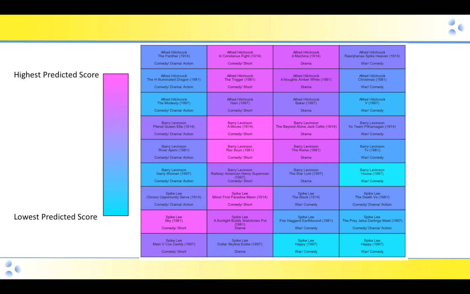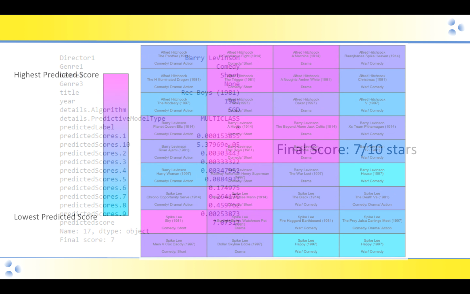In this particular case, that combination of movies, this is the heat map showing the different options and how well the machine learning algorithm rated them. The lowest predicted score was the Barry Levinson producing a war comedy in 1997, and the highest one turns out to be a Barry Levinson comedy short that it predicts as being the best received film.